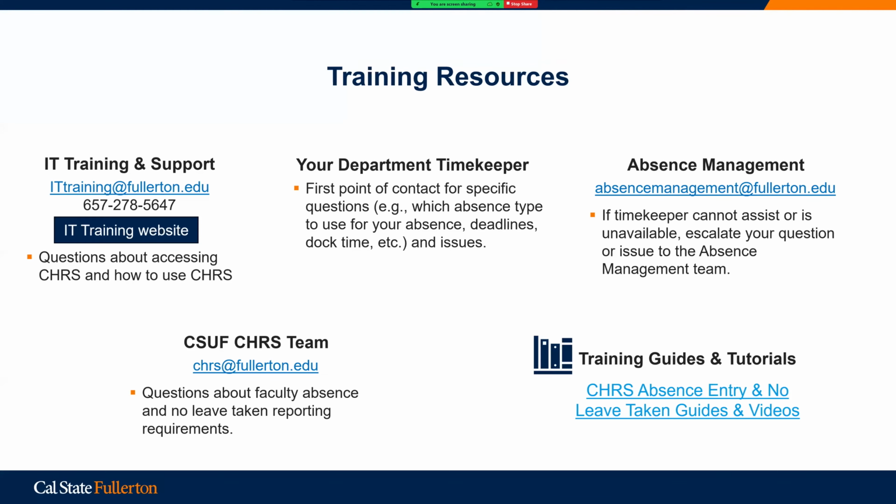And usually your department timekeeper is the administrative support coordinator or the administrative analyst within your academic department. If you have multiple people in your office, then you can consult with your department chair and they should know who the timekeeper is. If your timekeeper is not available to assist you, or if it's beyond their scope of knowledge, you can reach out to the absence management team in HR.